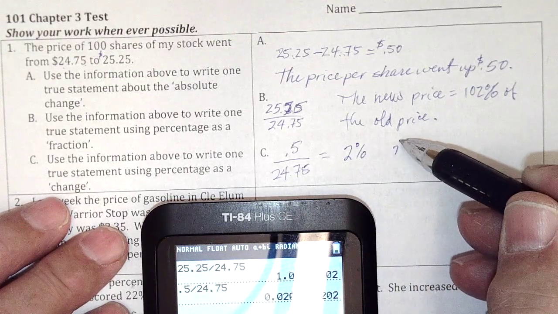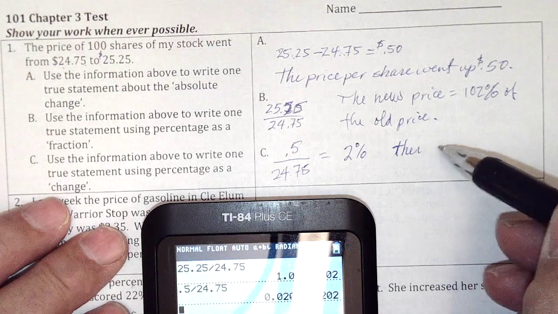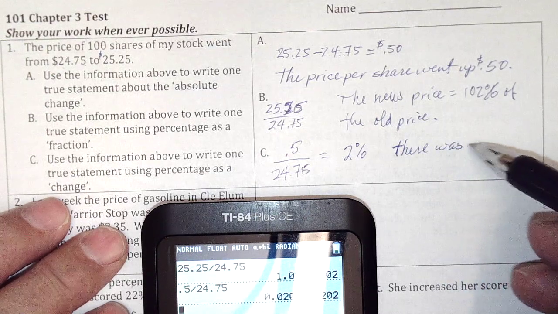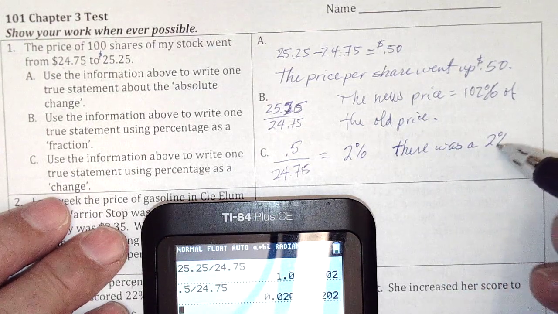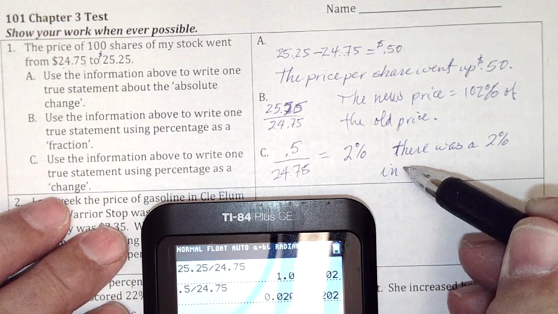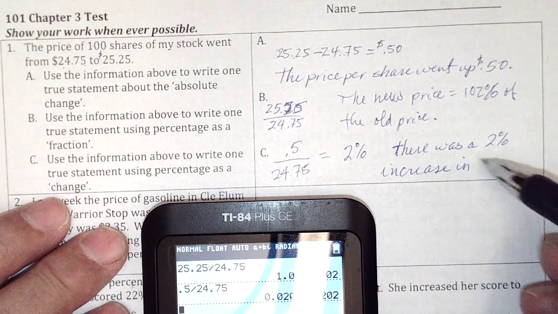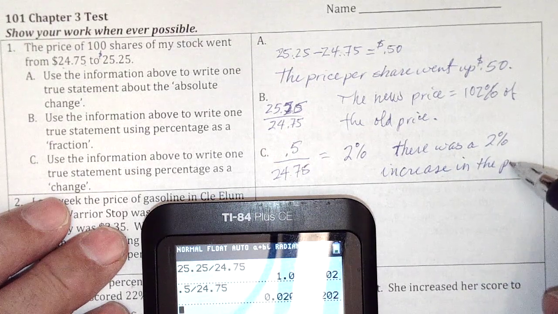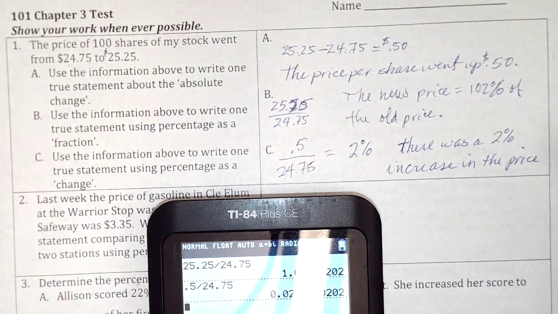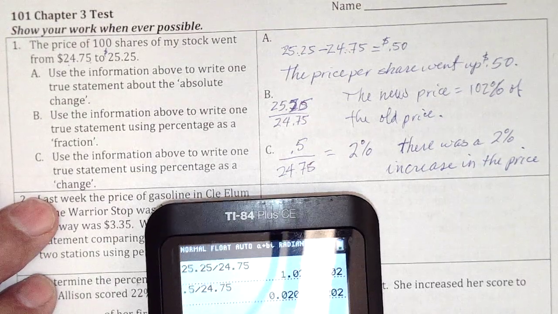There was a 2% increase in the price per share. Okay.